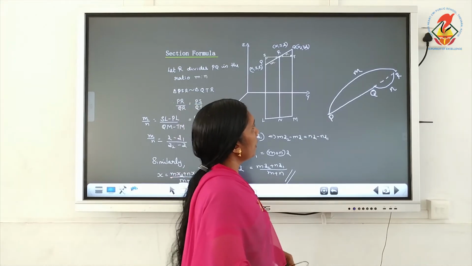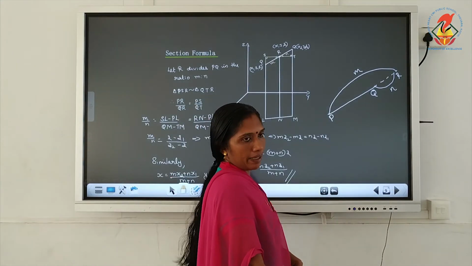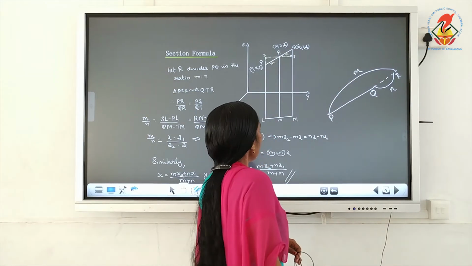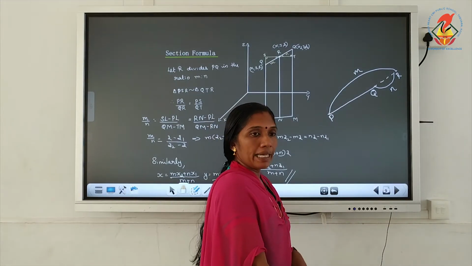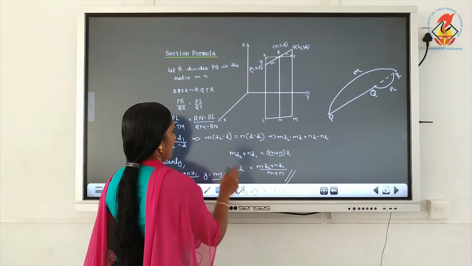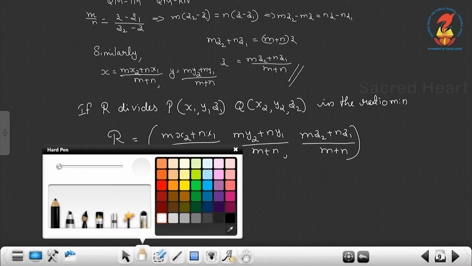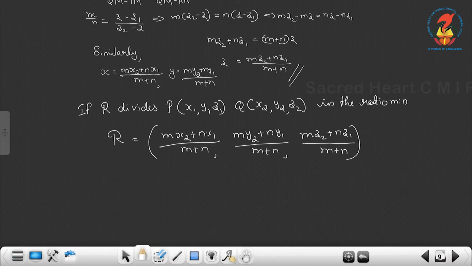So PR is m, QR is n. That is known as external division. So the formula is same, but you have to replace n by minus n. So this formula we apply if R divides PQ internally in the ratio m is to n.